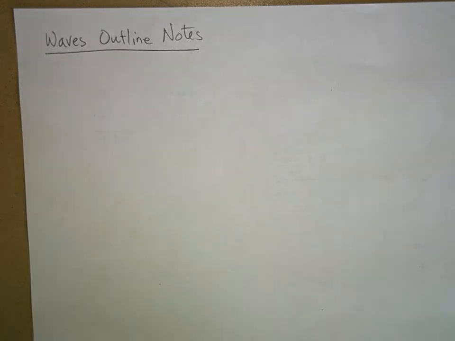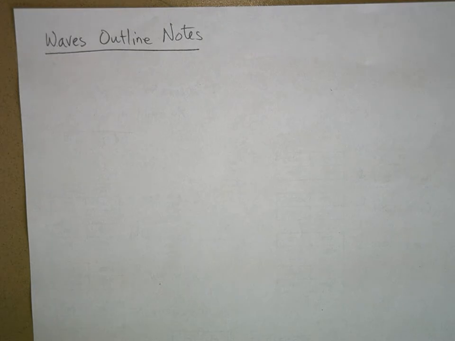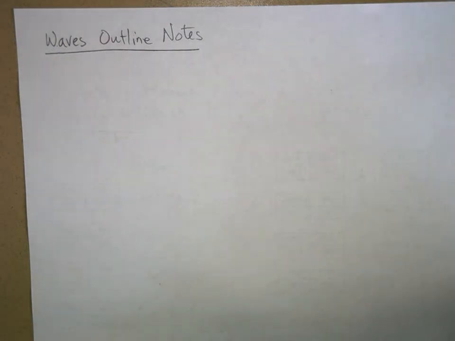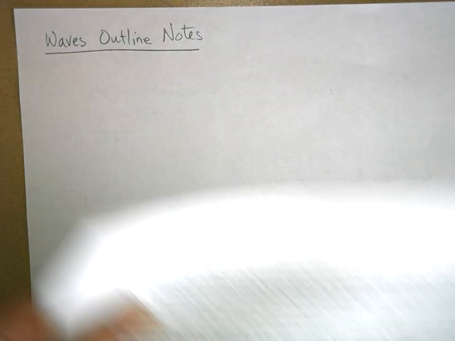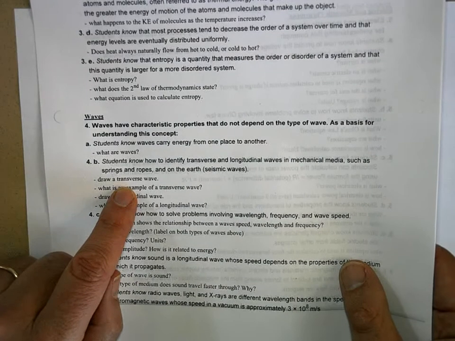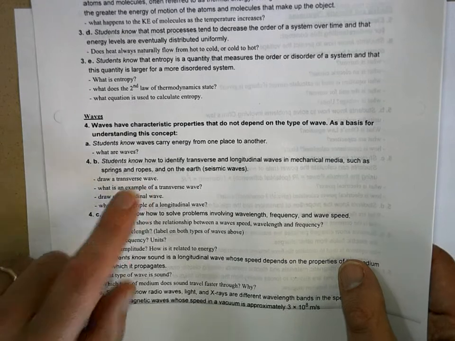Now, here's one other thing too. As you're writing these outlines, you have your textbook. You also have this wonderful thing they've just invented called the Google. And if you type in these questions, like, draw a transverse wave, if you don't remember it, type it in Google.